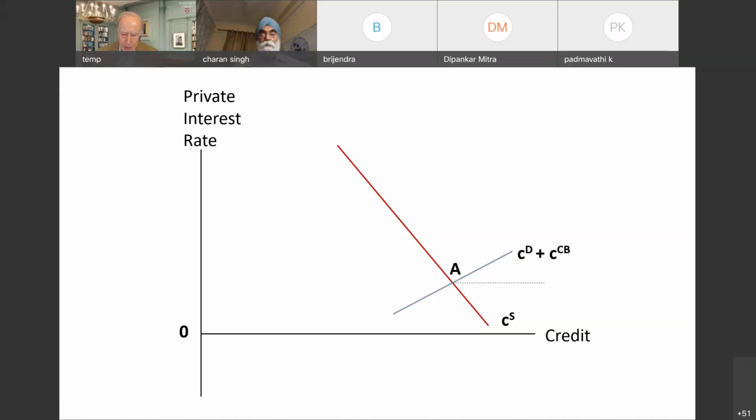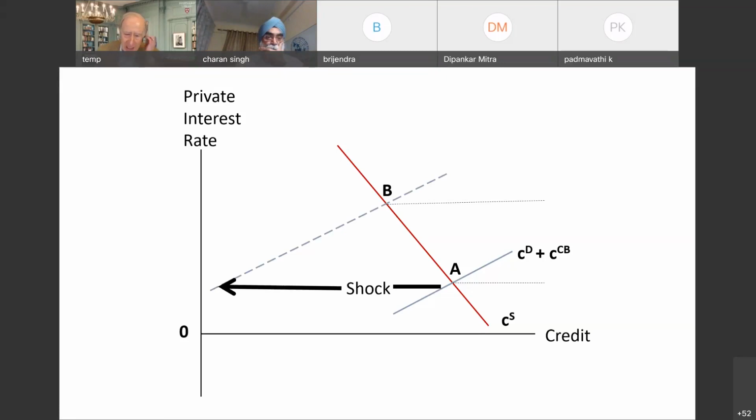the central bank. Well, what happened in the last financial crisis, for example, is that there was a sharp shift to the left in the demand curve for credit instruments, leading to a new equilibrium at point B with a substantially higher interest rate than before, and also a substantially lower volume of credit being extended.